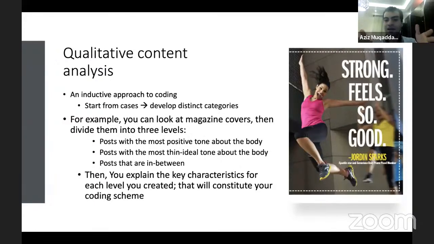But when you look at the content, you see these types of posts tilted toward body positivity, and these types of posts tilted towards promoting the thin ideal, and here are some posts in between. The criteria for the categories were not imposed from somewhere else, but described the range or scale of the content you're looking at.